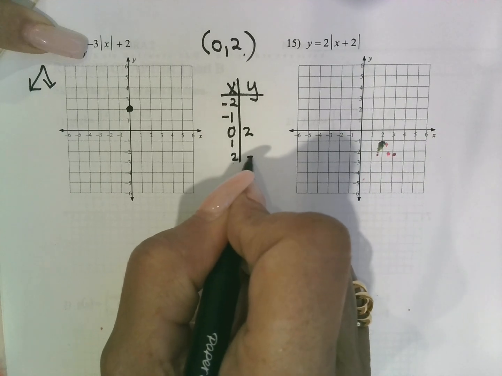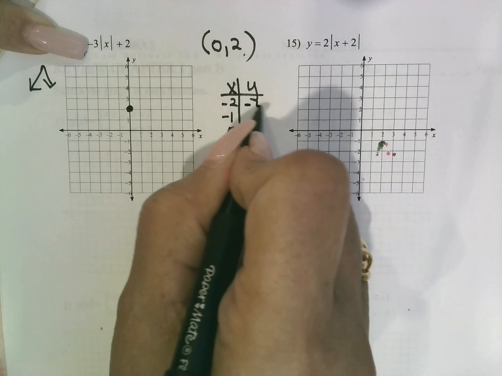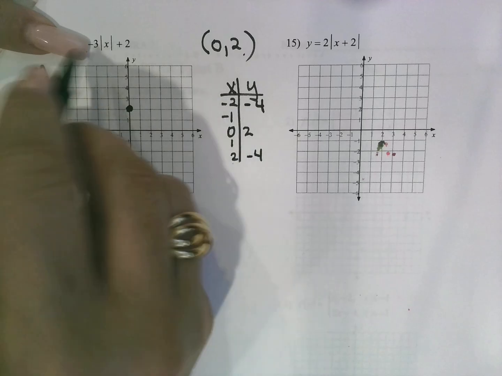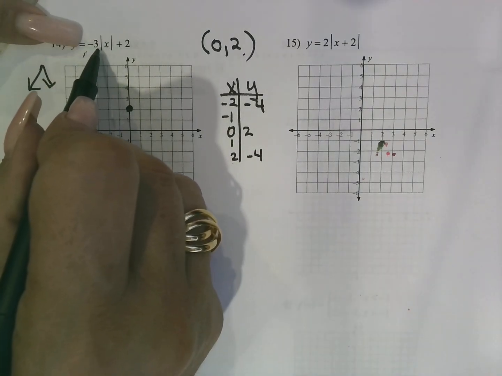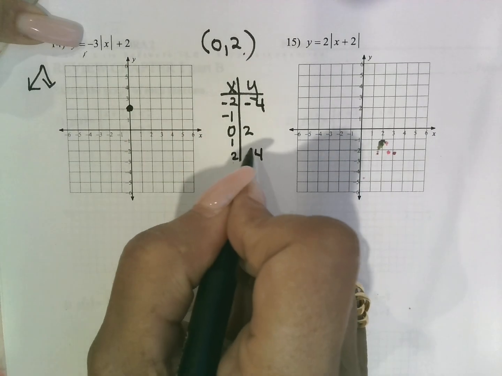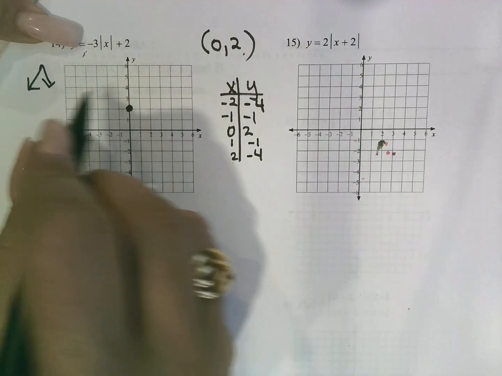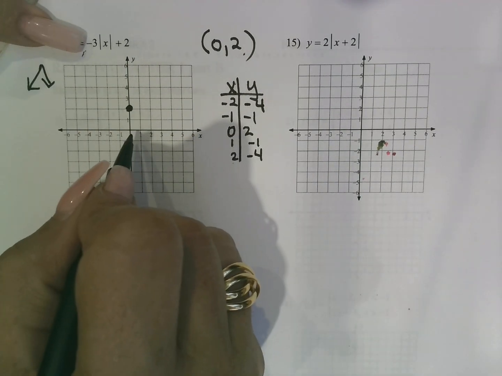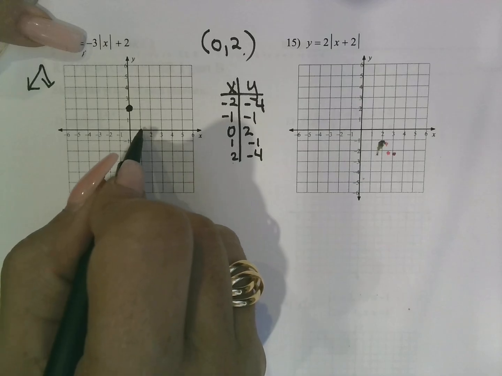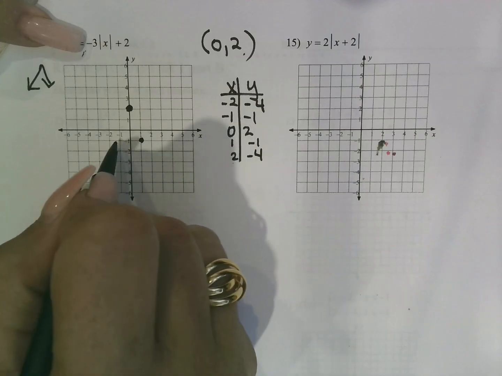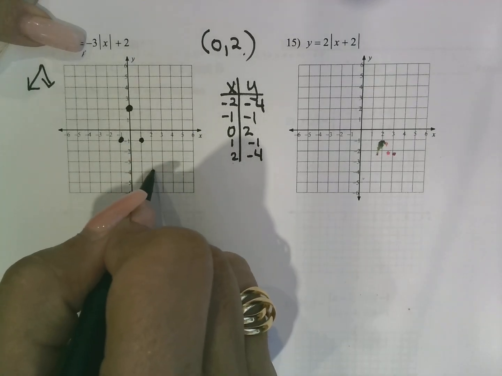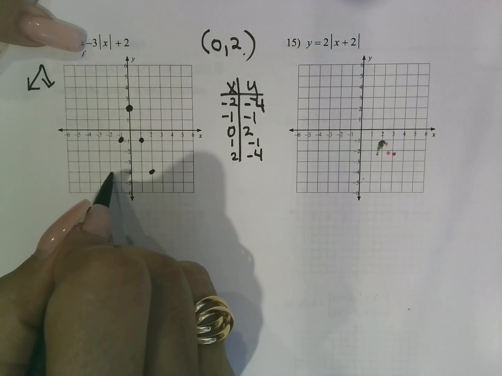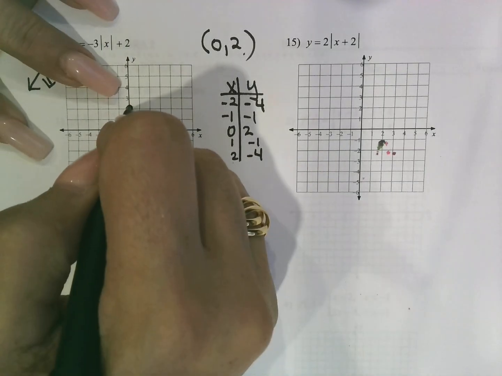Plus 2, that's -4. That means over here we have a -4. Plug in a 1, that's going to be the absolute value of 1, which is 1. 1 times -3 is -3. -3 plus 2, that's -1. All right, good enough. So we have 1, -1. We have -1, -1. We have 2, -4, and -2, -4.